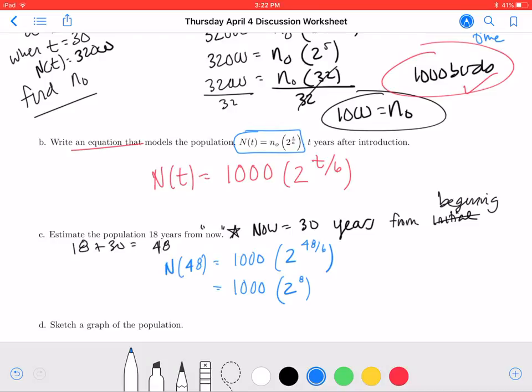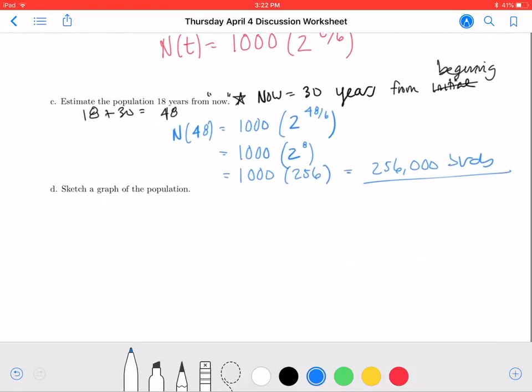I will admit I'm using a calculator for 2 to the power of 8, because I just don't know what that is. 2 to the power of 8 is 256. So 1,000 times 256, this I can do. 256,000 birds.